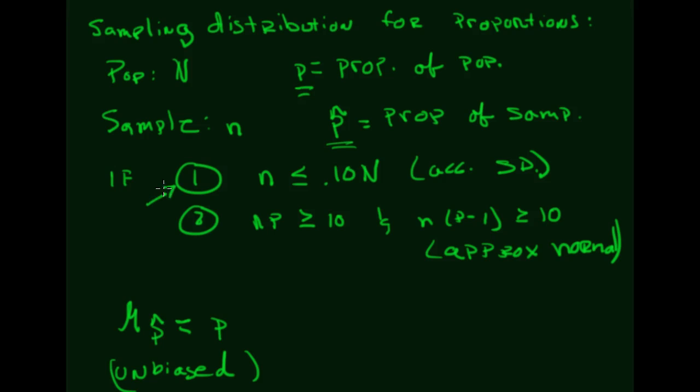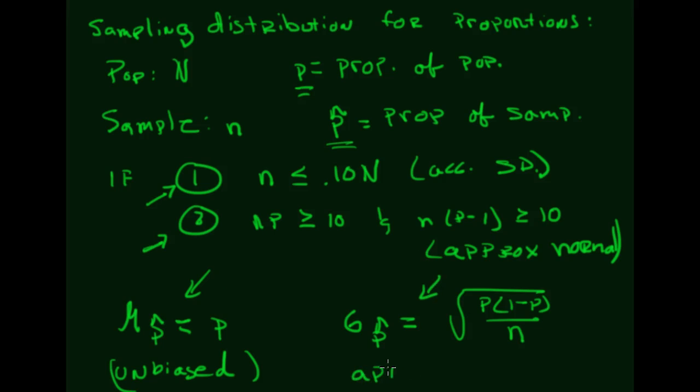And if I meet condition number 1, then the standard deviation of the sample proportions is going to be the square root of p times 1 minus p, over the sample size. And if I meet condition number 2, it will be approximately normal. We call the first the 10% criteria, and we call the second the large counts criteria.